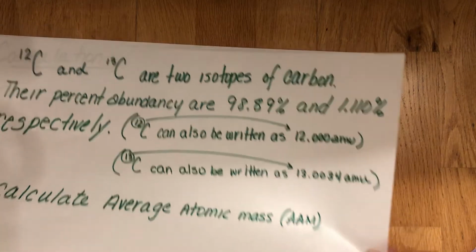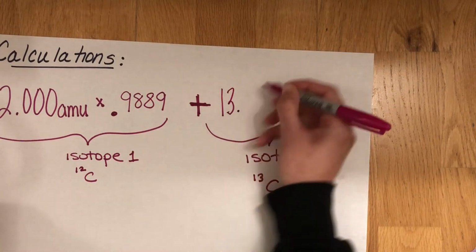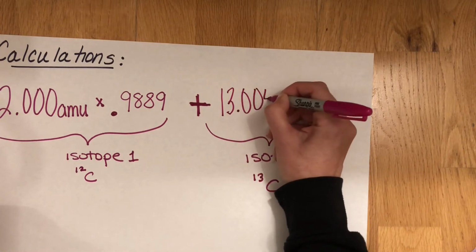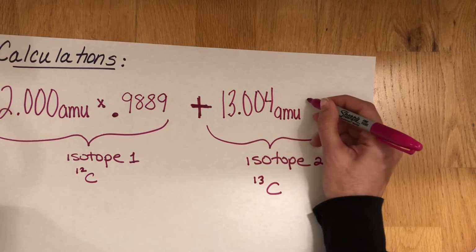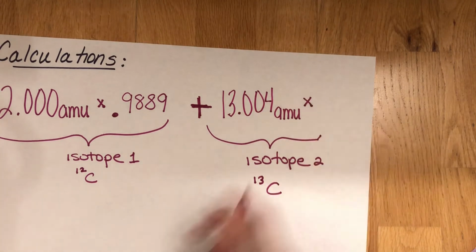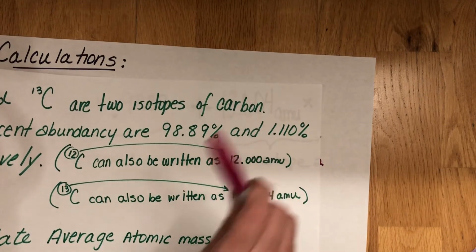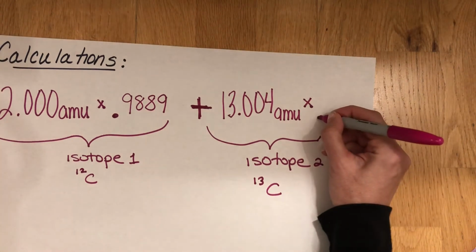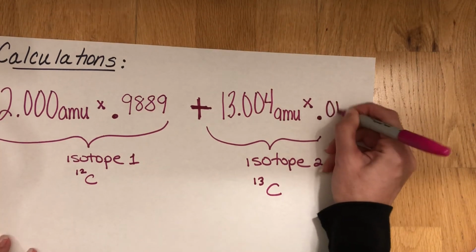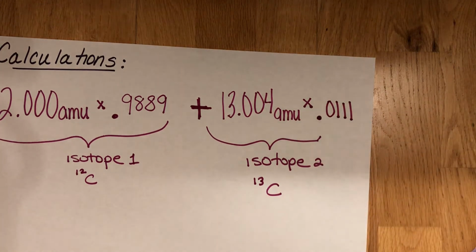That's the atomic mass unit, so that's the mass. So 13.004 AMU, don't forget the unit, times, and that one's percentage is 1.110 divided by 100. Be careful, right? You get 0.0111. Remember, there's no unit on that because when a percent turns into a decimal, you drop the percent sign.